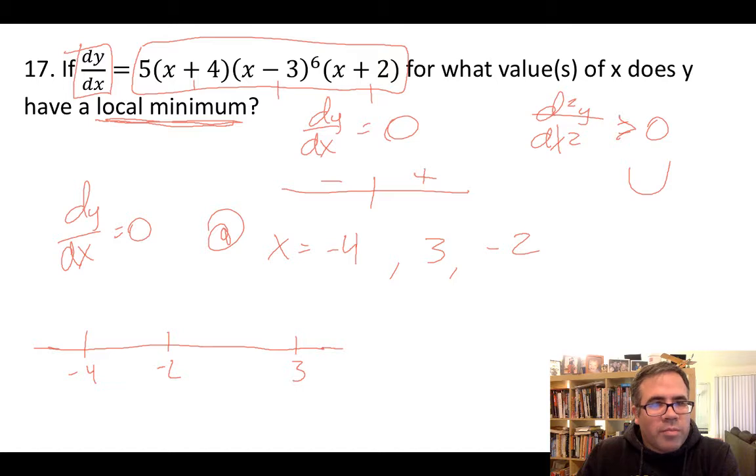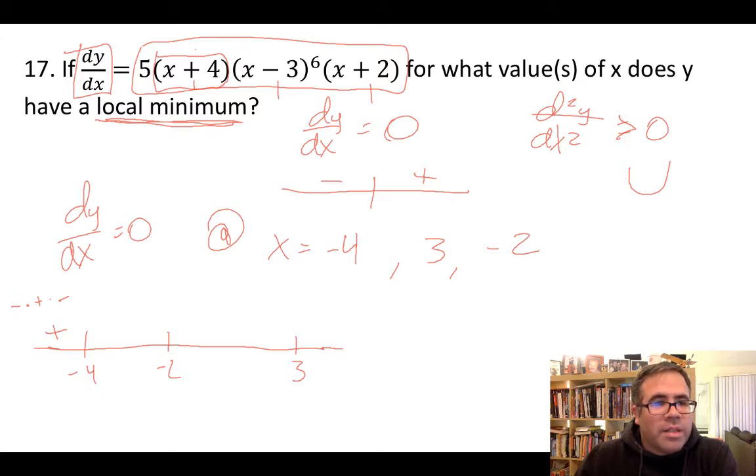So we have a positive number up front times a negative number times a negative number to the 6th power. Well, if it's to an even power, it has to be positive. So we get negative times positive times negative, which means that in this region, the derivative has to be positive. Moving on. Once you cross over this line, this factor, x plus 4, switches from negative to positive at negative 4.